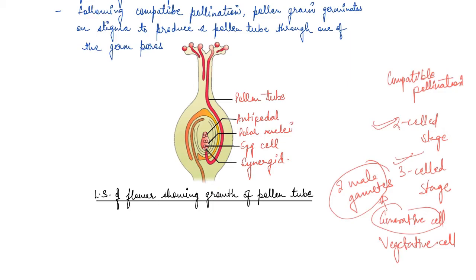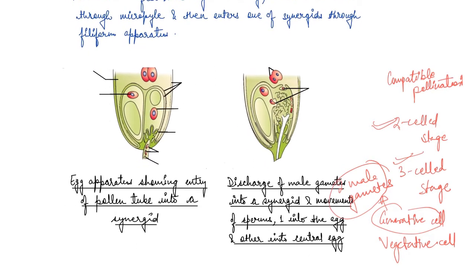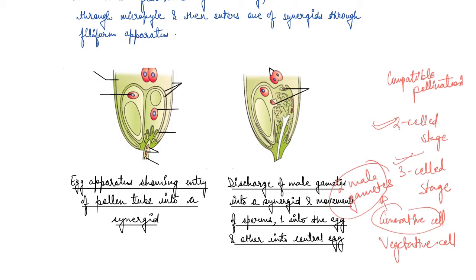Okay. Now, if we also see the next diagrams, here you see the entering of the pollen tube. Basically, this is the central cell which has two polar nuclei, right? This is the egg nucleus. Here we have one synergid.